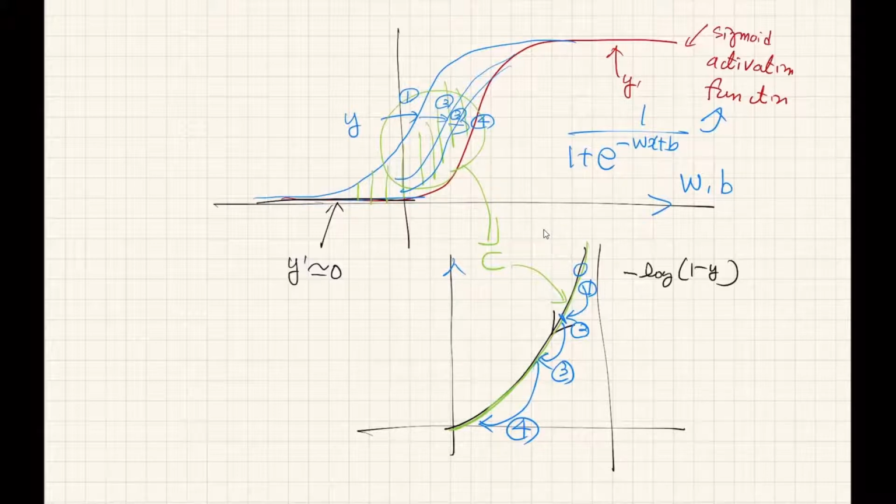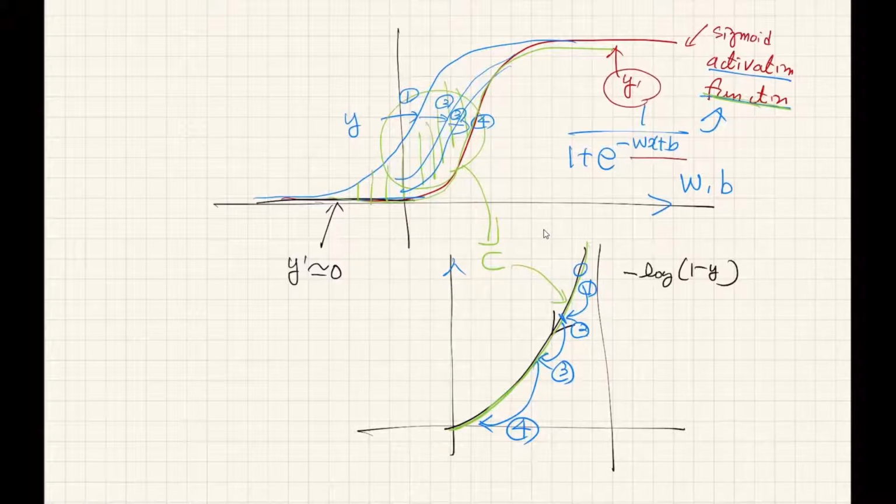In this case, I assume that the activation function, the output function, is the sigmoid function. Sigmoid function has this kind of shape, and I assume that our target value is y dash.